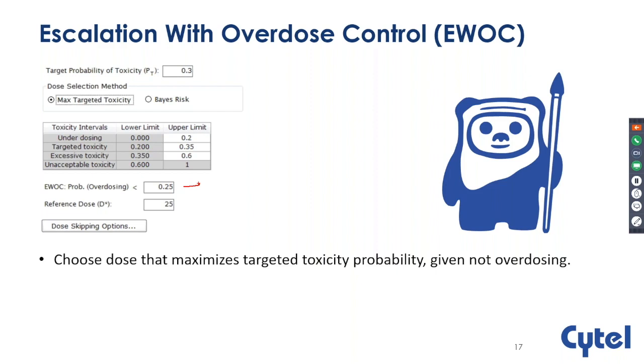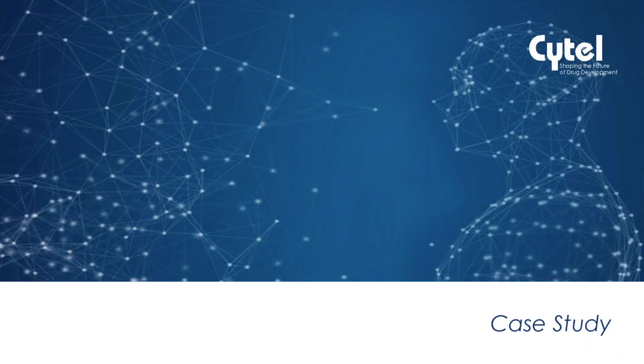And then based on that constraint, you're trying to maximize the chance that you fall into this targeted toxicity interval, again a posteriori, through the use of the posterior distribution. So this is the approach that's being used. Some of the details that come in the application of this approach are going to become apparent with the case study that we're going to be revisiting.